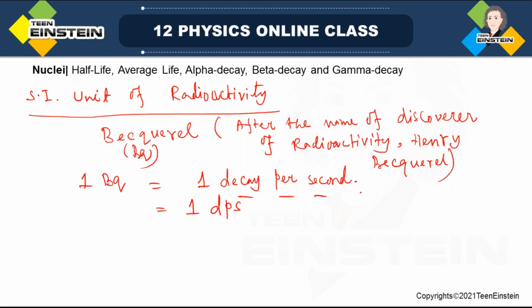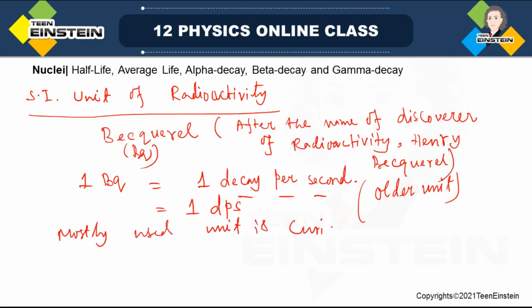Now this is actually the older unit of nuclear physics. Nowadays the mostly used unit is the Curie. It is named after Curie.